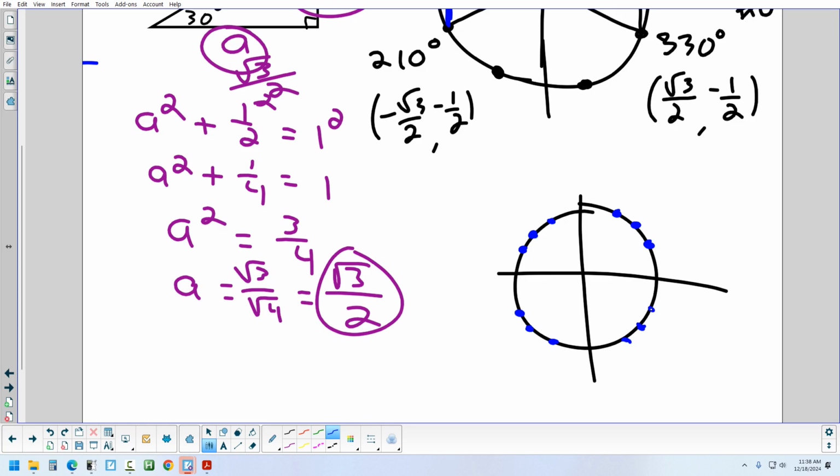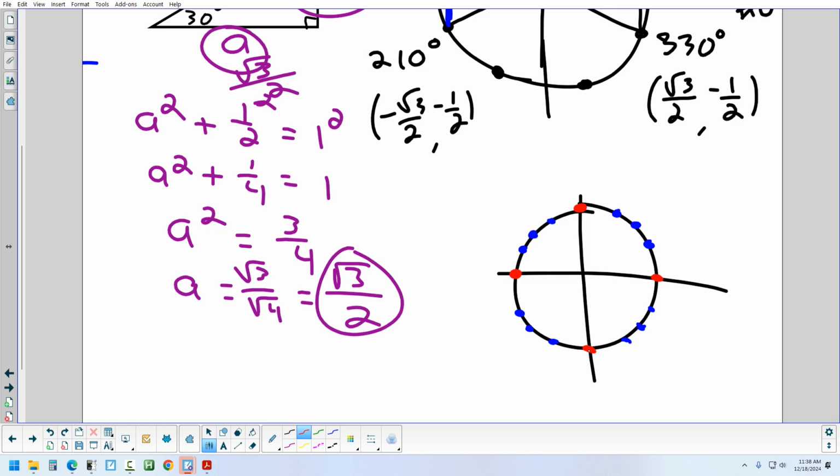Again, that's not something we talk about right now. And you also have these from yesterday. Those were the first 4. So now we have a total of 16 different points that we should be able to find the coordinate for. And then do trig: sine, cosine, tangent, whatever they want to know.